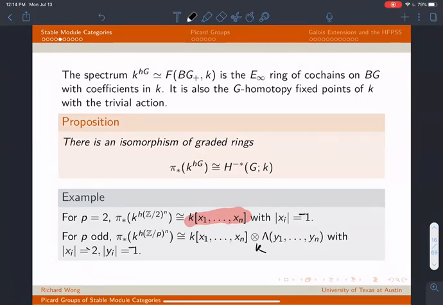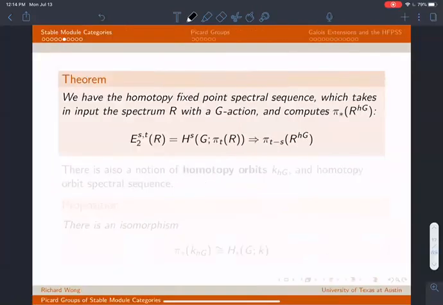Moreover, that's one way to calculate the homotopy groups of the homotopy fixed points. But we also have the homotopy fixed point spectral sequence.